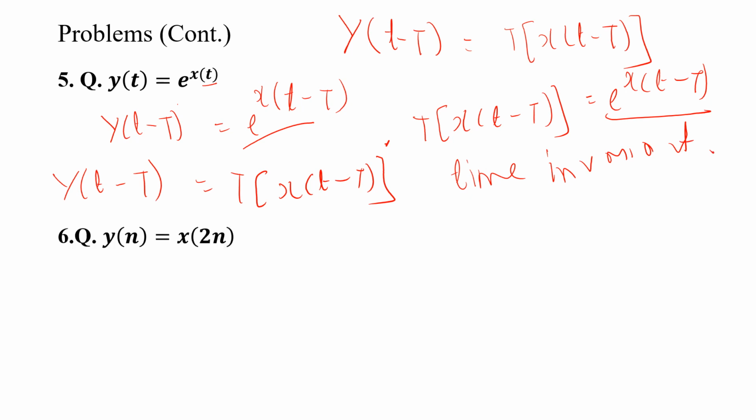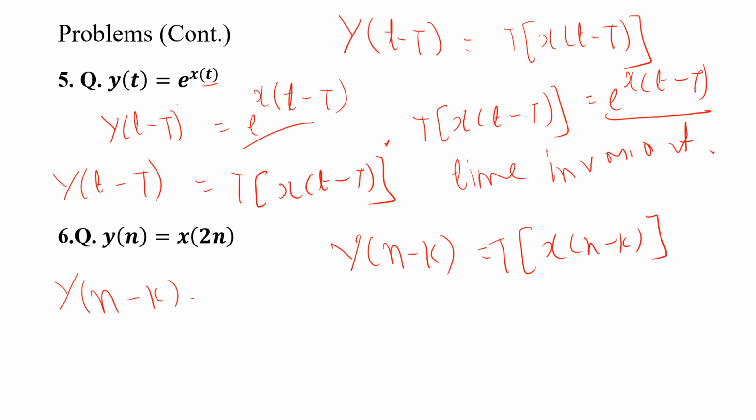Okay, so next problem, now I am going to discrete time signal questions. y of n is equal to x of 2n. So same, y of n minus k is equal to transformation of x of n minus k. Okay, so here y of n minus k, what to do, in place of n put n minus k. So it is x of 2n minus 2k.